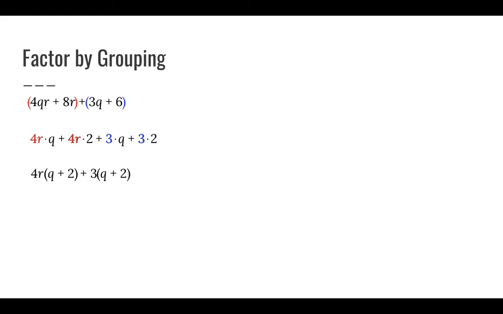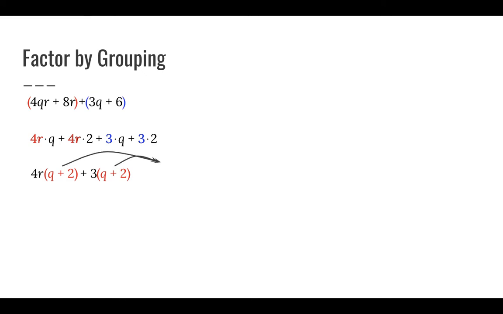Now I want to shift the paradigm here. Instead of looking at the parentheses, I want to look at the 4R and the plus 3. 4R is being multiplied by a parenthesis, and 3 is being multiplied by the exact same parenthesis. So what you can say is that 4R and 3 have a common factor of a Q plus 2. So I'm going to factor the Q plus 2 out.